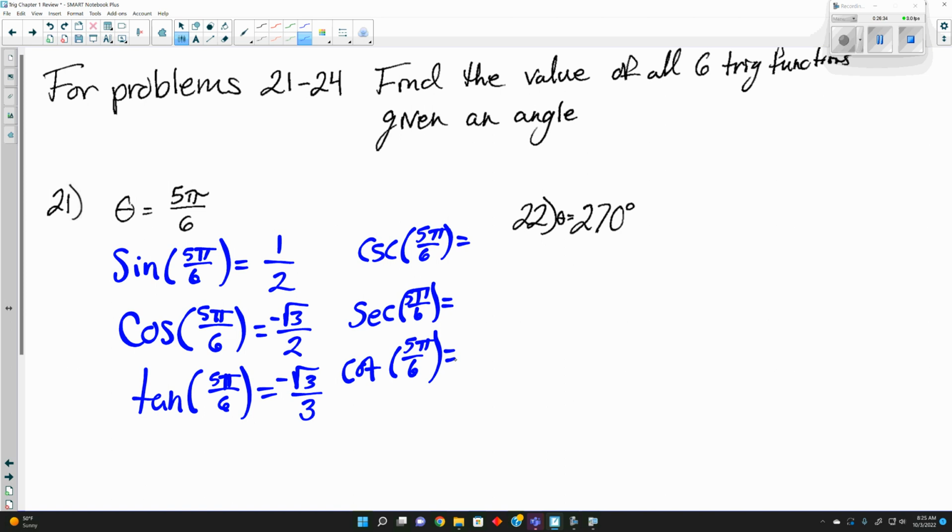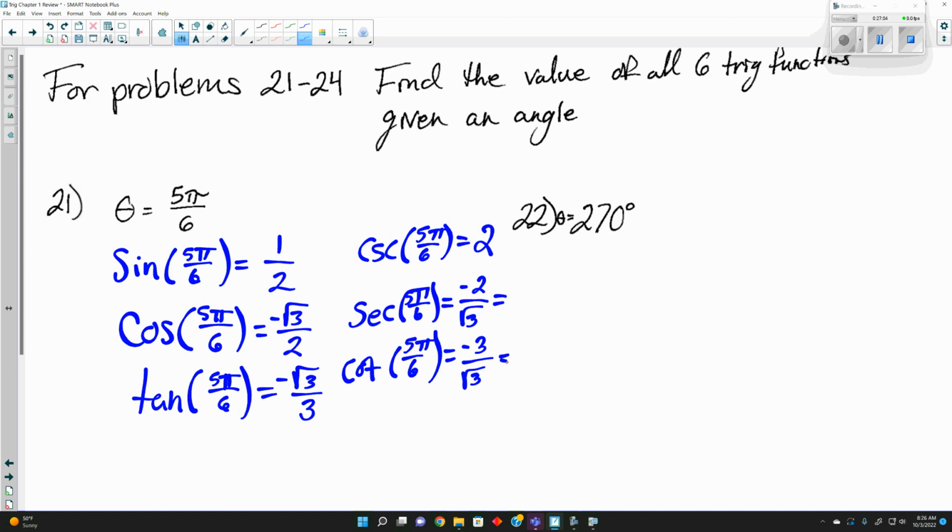And again, for sine, cosine, and tangent, we're just flipping it. And out of these three, sine's the easiest one to flip, because if we flip 1/2, we get 2. Now for our secant and tangent, we've got to flip these here. So it'd be negative 2 over the square root of 3.